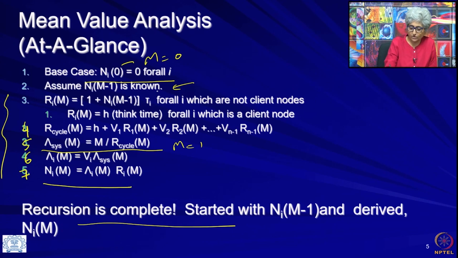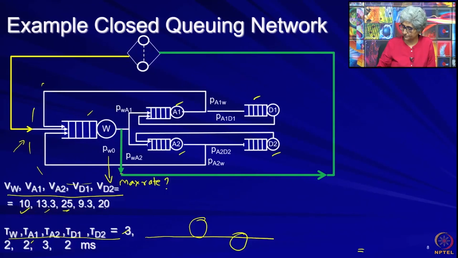Ri at 1 was known as tau_i, because Ni at 0 is 0. So we directly used Ri(1) equal to tau_i. Then we calculated the cycle time for m equal to 1 and then we calculated the throughput. So this is where we are in our steps of the MVA algorithm.